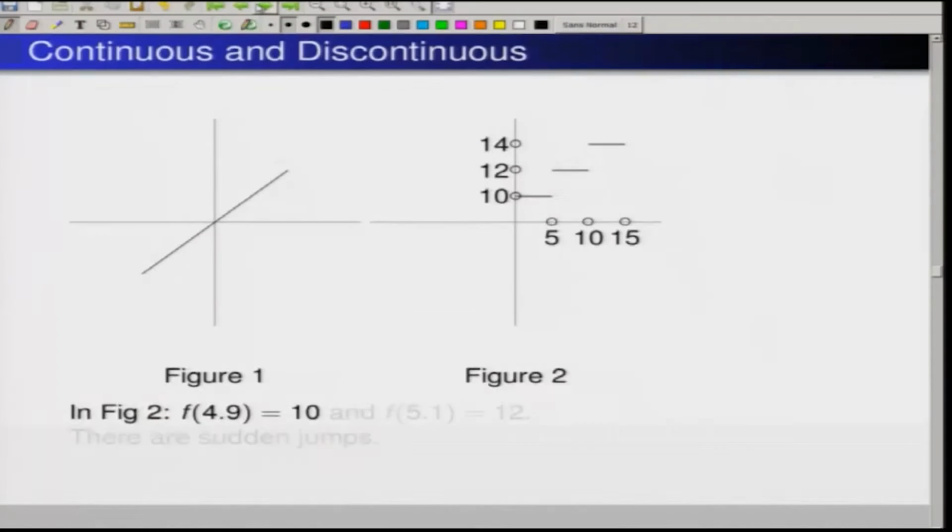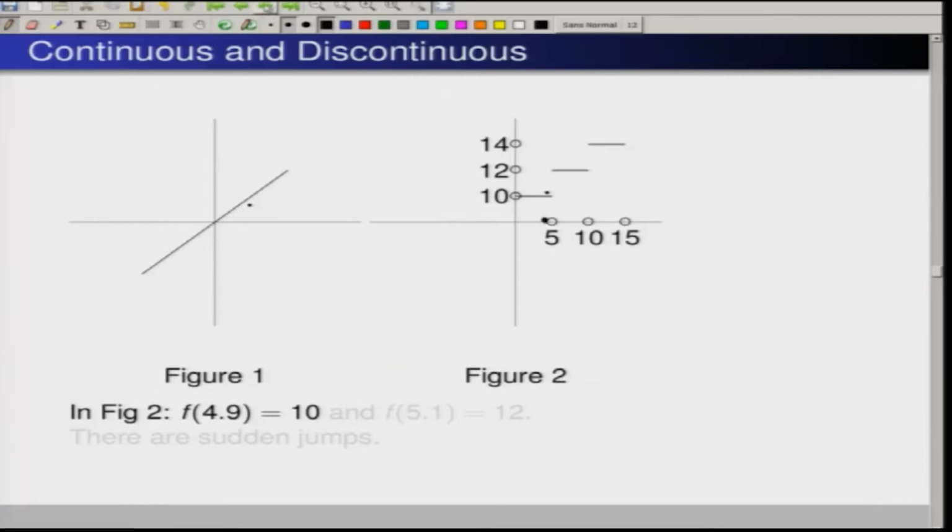Suppose in figure 2 you have 4.9. In this case f of 4.9 will be 4.9, but in the post office case f of 4.9 is going to be 10, because 4.9 is less than 5.